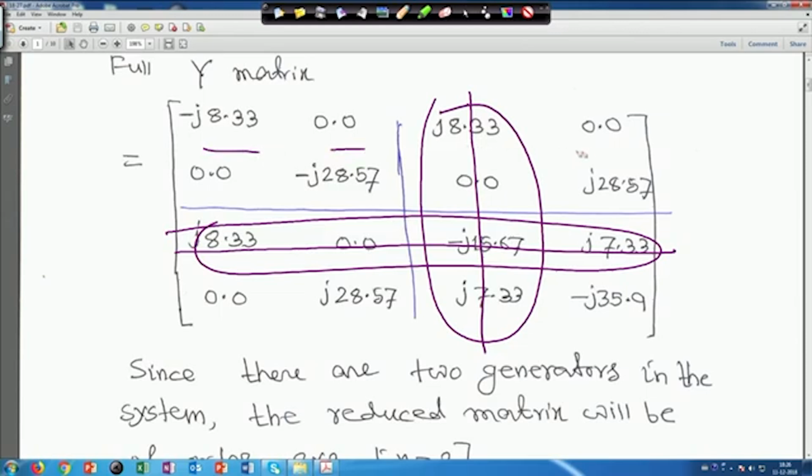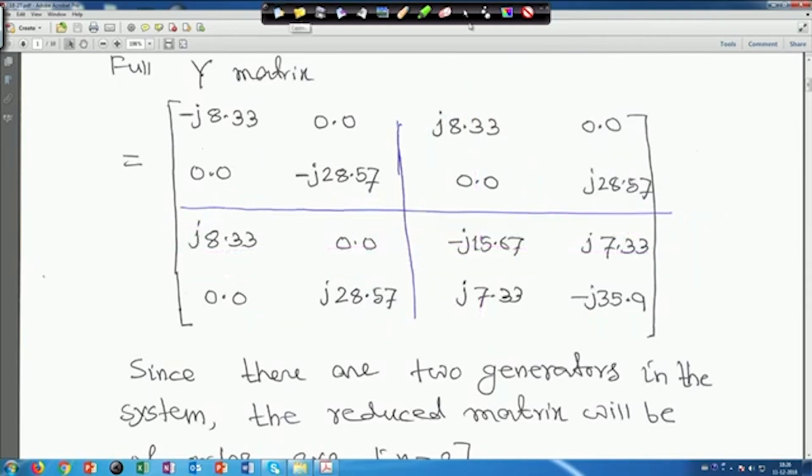This one will be there, this one and this one will be there. That means the matrix first comes down to 3 into 3, after that we will reduce it to 2 into 2, right. Because the fault has occurred at bus 3, the voltage at bus 3 will be 0, therefore the third row and third column will be eliminated from that matrix.